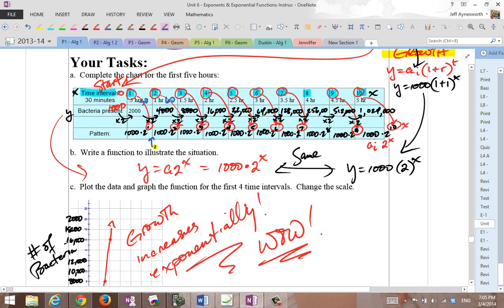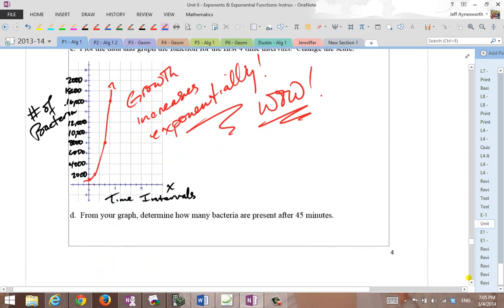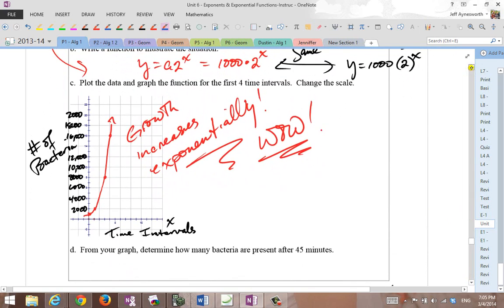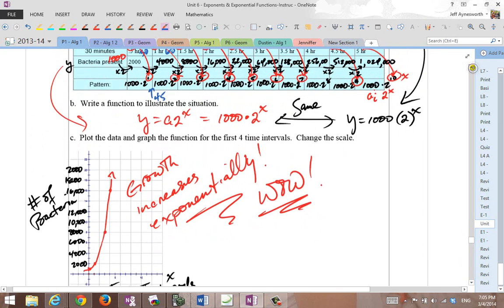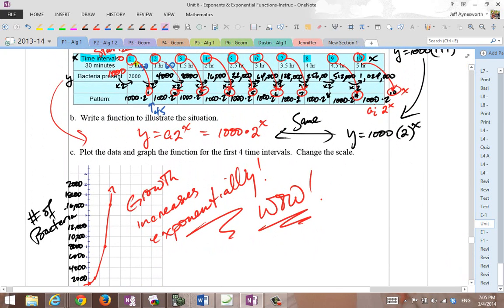How many time intervals is that? It's not one interval, it's not the second interval, it's right in the middle of the first and the second. So how about 1.5 time intervals? So 45 minutes is 1.5 time intervals, between 1 and 2, so 1.5.